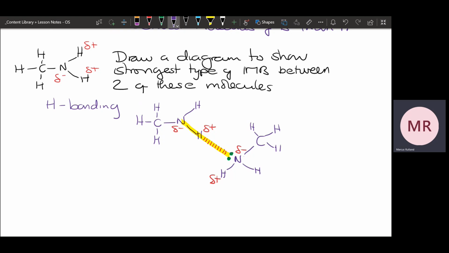But make sure you've got the delta plus H at one end of the hydrogen bond and the delta minus N at the other end, and that there's the other partial charge in each of the molecules, so they should always come in pairs. And then you've got the linear structure with the covalent bond on one side of the H and the hydrogen bond on the other side of it, 180 degrees to each other, and the lone pair facing straight into the hydrogen bond at the delta minus N end.